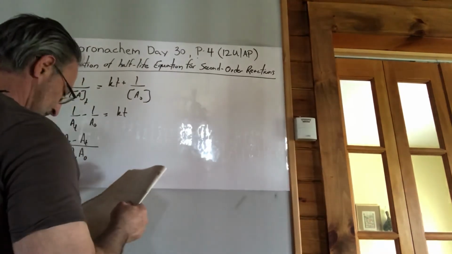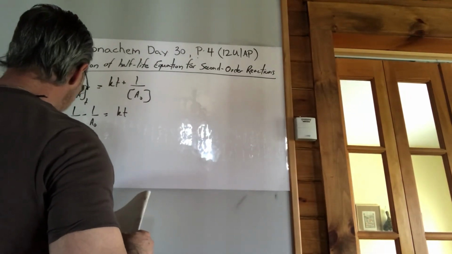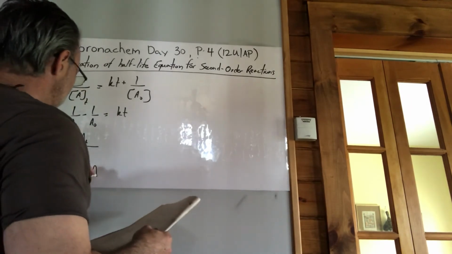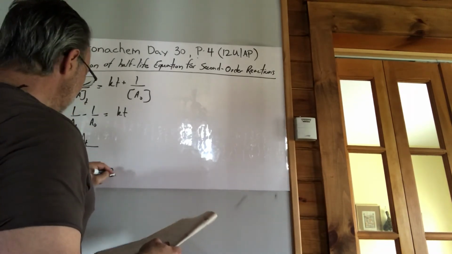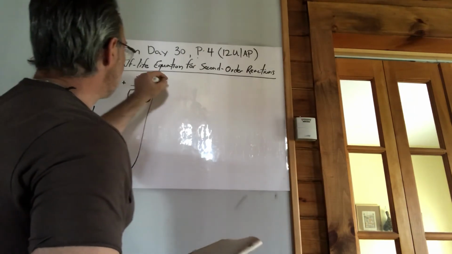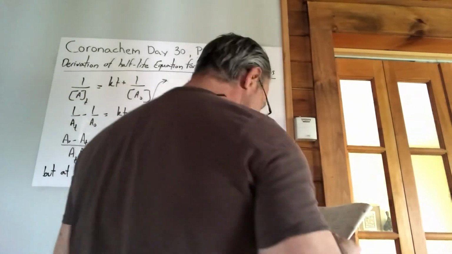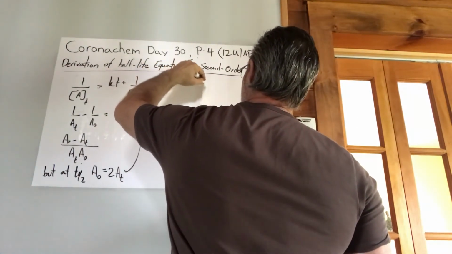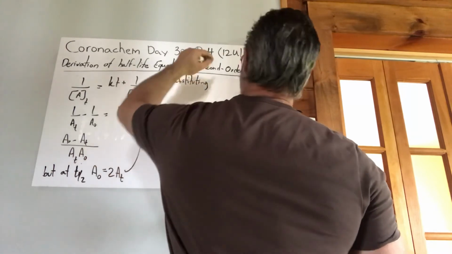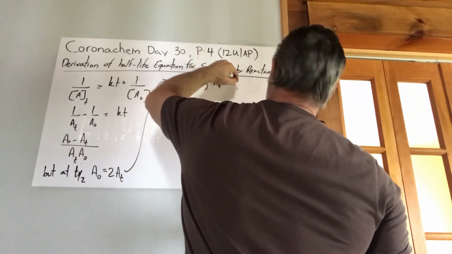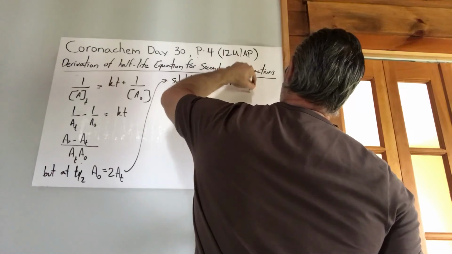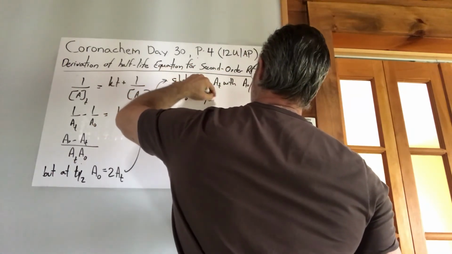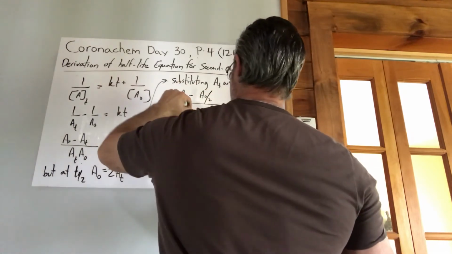But at t 1/2, A naught equals 2 times At. So that allows us to make a little simplification. Substituting At with A naught over 2, we get A naught minus A naught over 2, all over At times A naught.